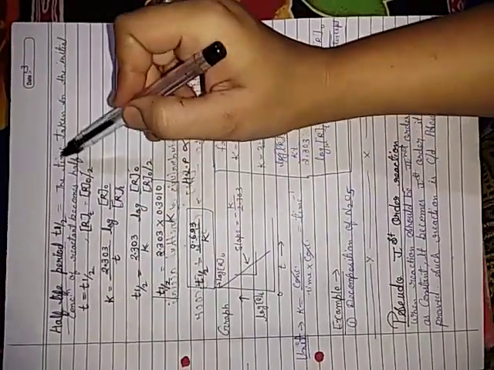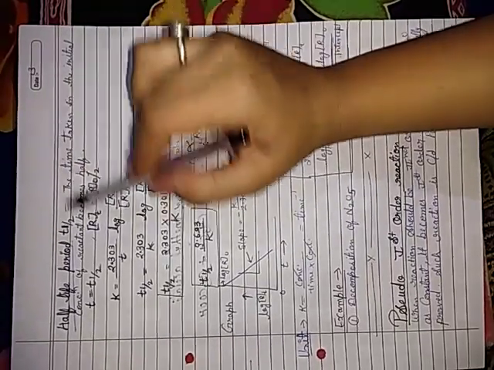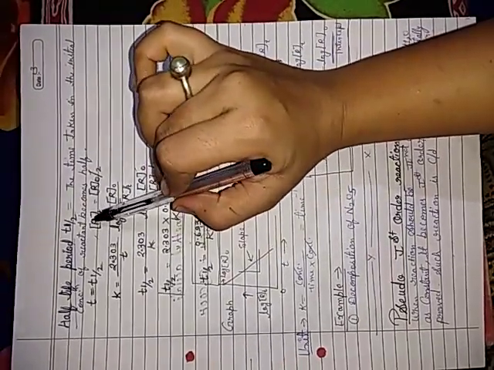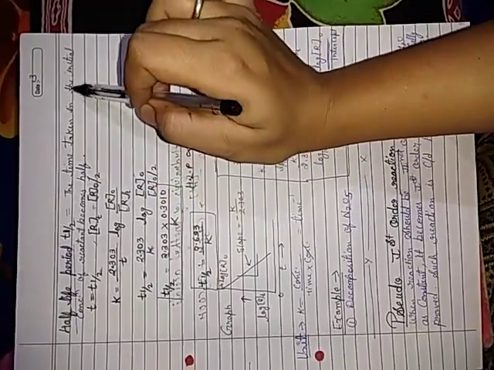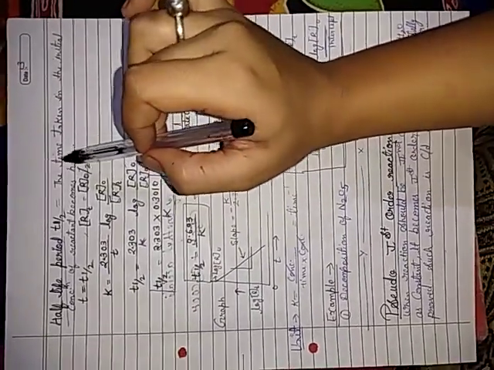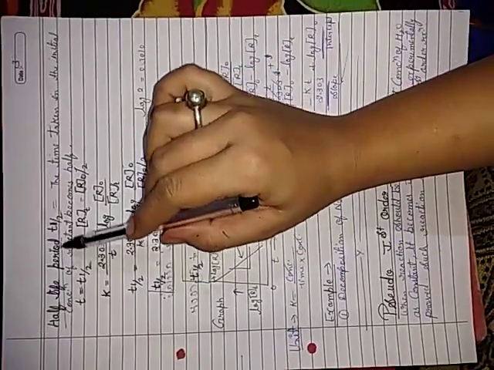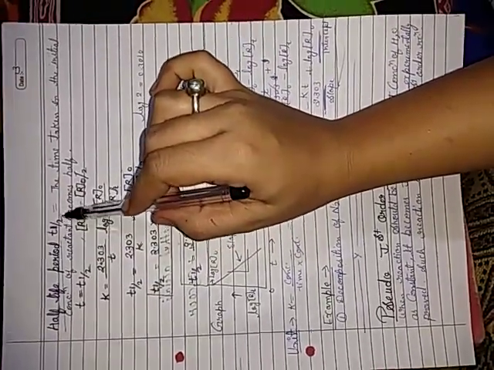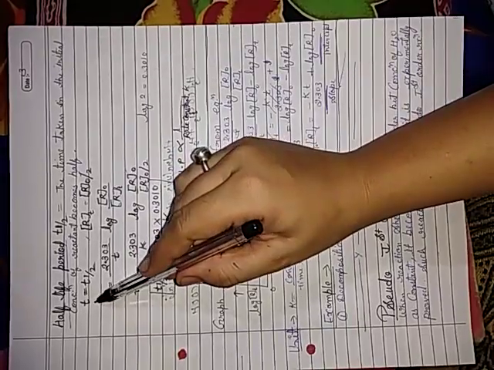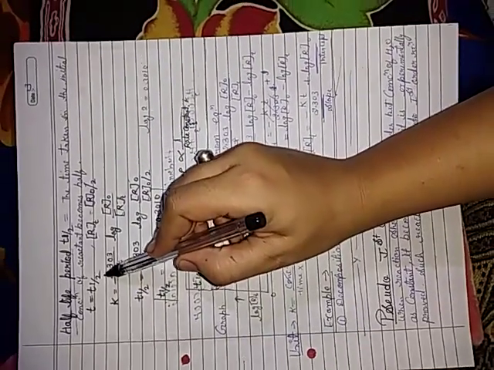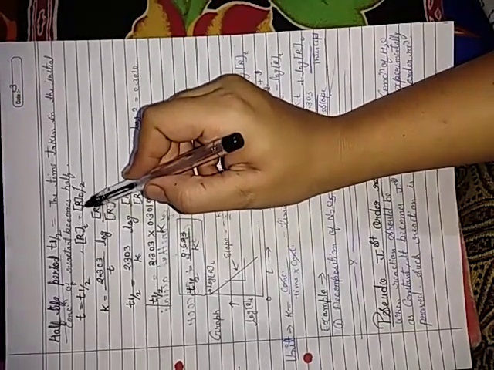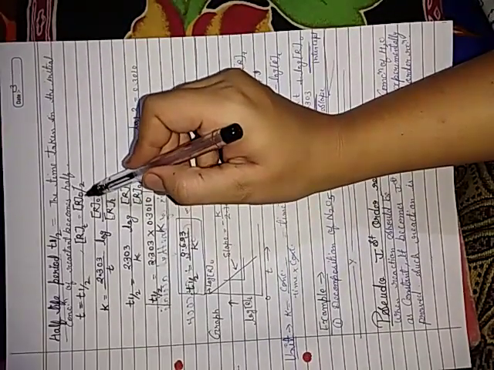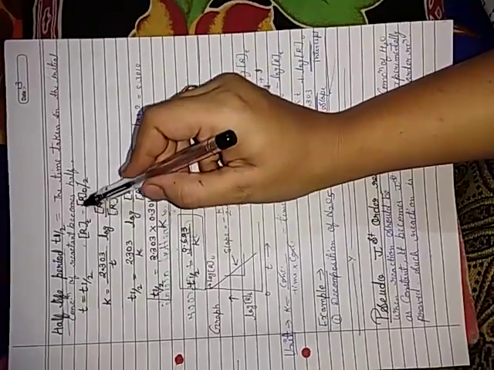Again I explain: the time taken for the initial concentration of the reactant to become half is known as the half life period, t half. That means t = t half, and Rt is equal to R naught upon 2; the initial concentration becomes half.